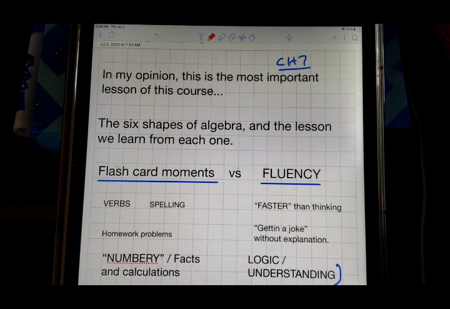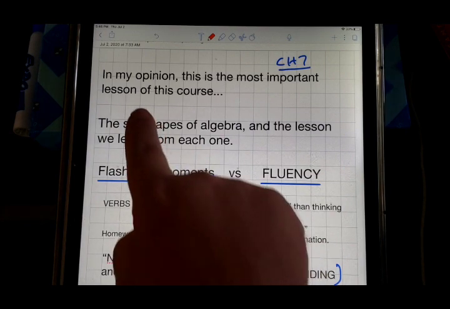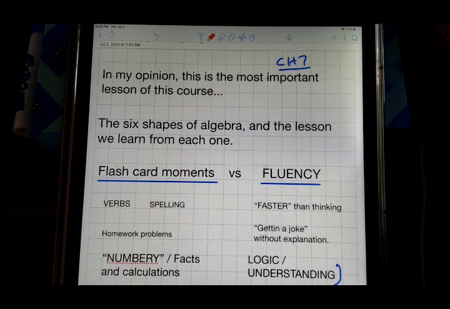Some of you already noticed I'm placing this video in places I don't normally place my videos, in addition to the playlists and the lessons. I'm going to blast this a few other places because I want students to bump into it more than some of my others, because in my opinion, it's the most important lesson of the course.